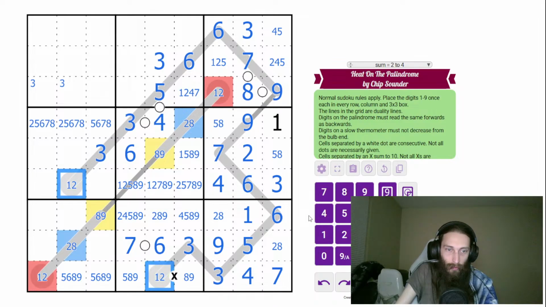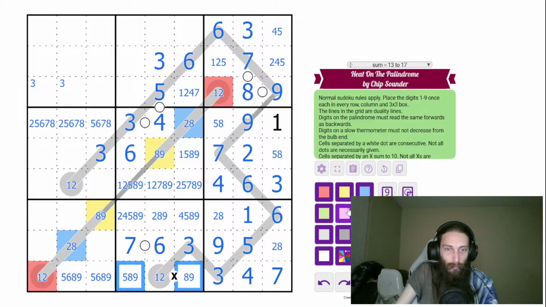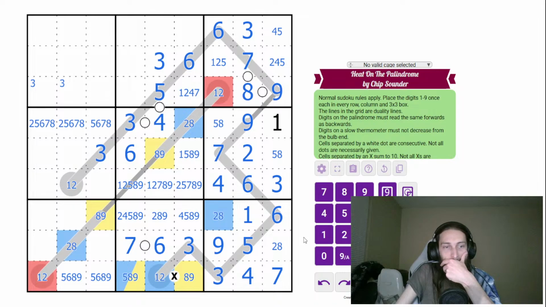Actually, let's ignore the fact that that's green for a second, because yellow has to be one of these two. Blue has to be this one, so blue ends up being one of these two. And then, green cannot be blue.